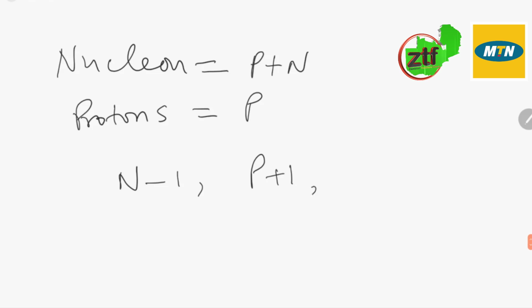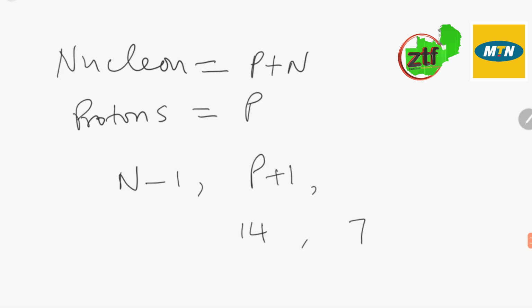This means that the nucleon number, meaning the total number of protons and neutrons, remains the same, which is 14. And then the proton number increases by 1, which means 7. Here they are asking about where we are coming from.